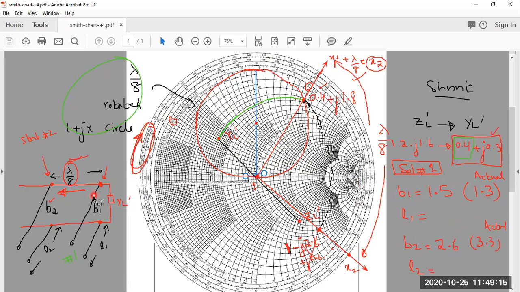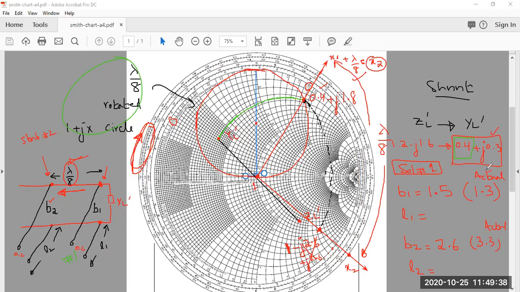With the help of the stub, I need to adjust the length of the stub, because the susceptance or reactance provided by any stub depends on its length. As we have been asked to design a stub using open circuit, both of these stubs are open circuit. So let me first of all solve this.